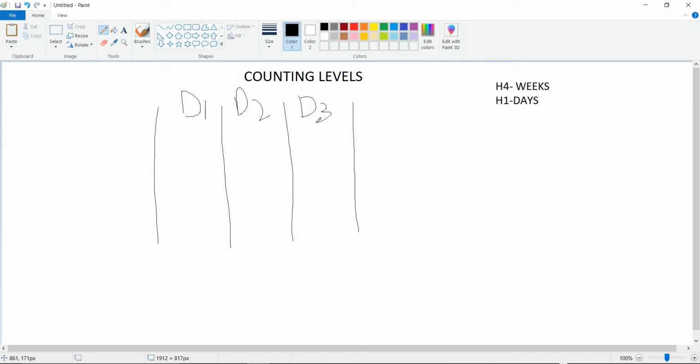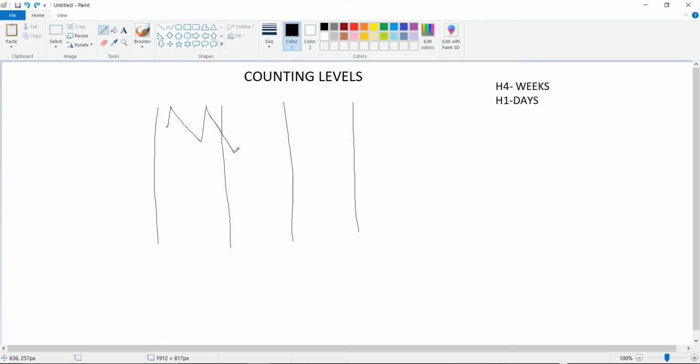Okay, so back to what I was saying. Let's use our H4 for example. If we are making reference to a downtrend, we're going to have something like this. You have your double top, for instance, formed.